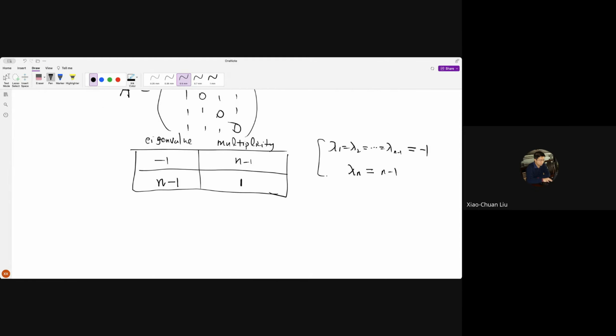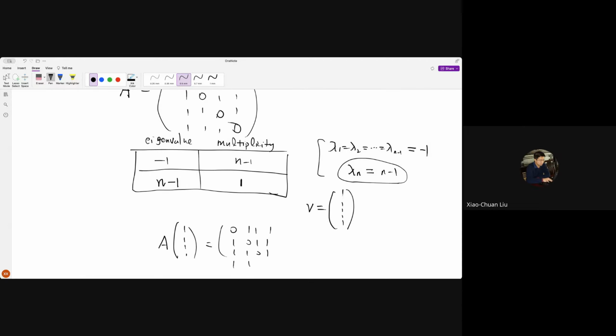It's not very hard to see. For example, if you look at the all 1 vector, 1, 1, 1, 1, what is A times 1, 1, 1, 1? You see the rows 0, 1, 1, 1, then 1, 0, 1, 1, and so on, times 1, 1, 1, 1.